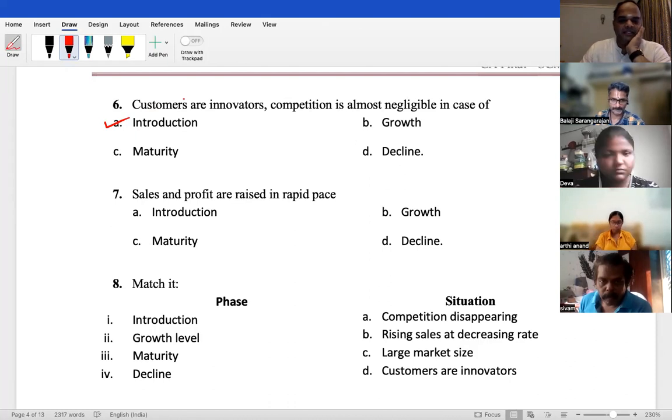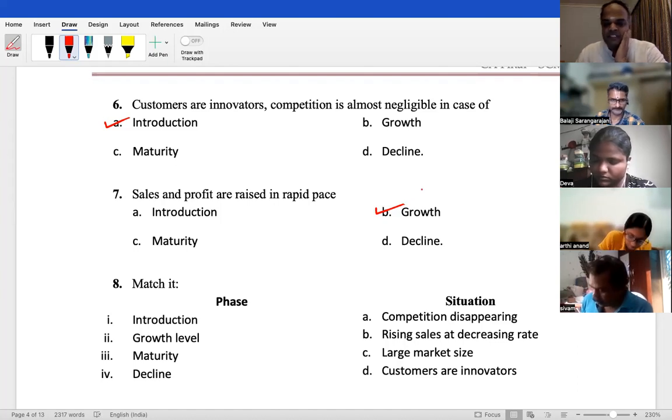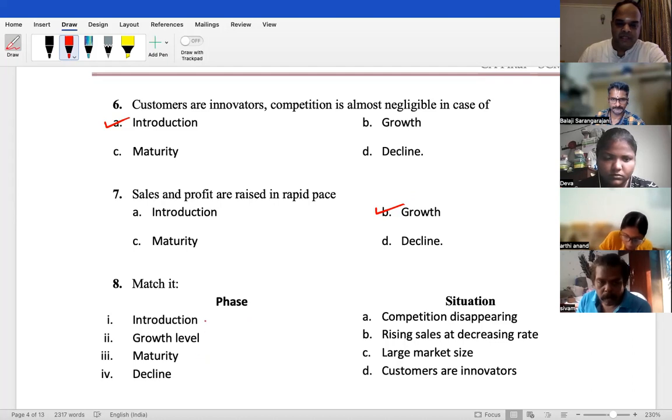Next. Sales and profits are rising at a rapid pace: growth. Match it: introduction, growth, maturity, and decline. Situations: competition disappears; rising sales at a decreasing rate; large market size; customers are innovators. In case of introduction, customers are innovators.